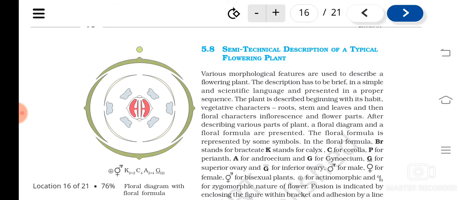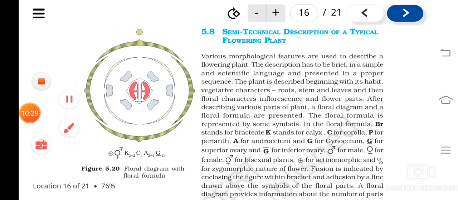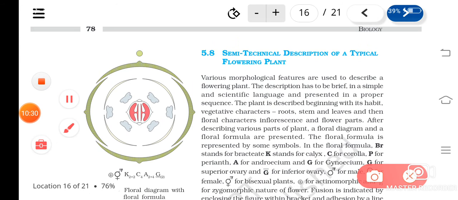Now petals, how will they be represented? By this kind of diagram. Understood? So this represents the petals. And how many petals are there? 4 petals. 1, 2, 3, and 4.